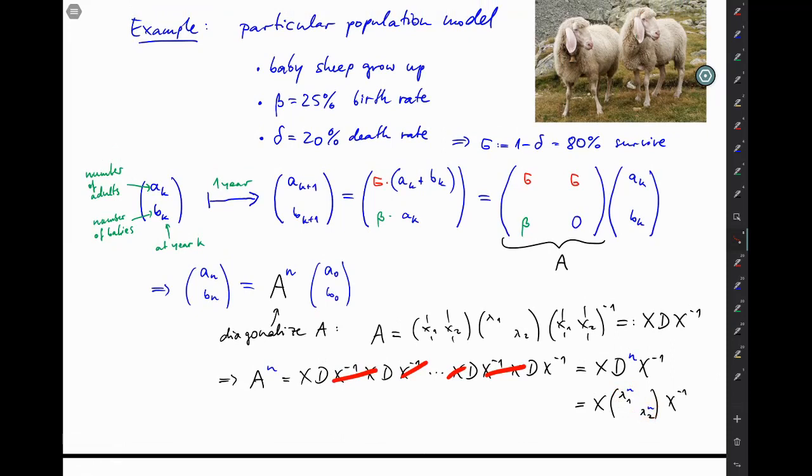And that's of course not difficult, because which complex numbers will grow if you take them to the nth powers? Well, the ones that have modulus bigger than 1. Which ones go to 0? Well, the ones that have modulus less than 1. And which ones stay at the same size? The ones that have modulus equal to 1.